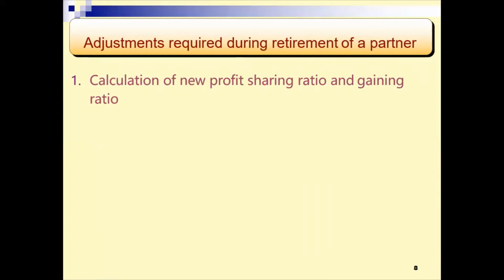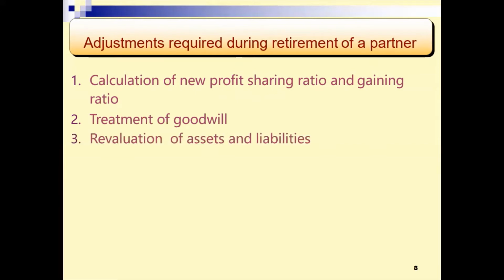The following adjustments are therefore required in case a partner is retiring from a partnership business. First is determination of the new profit sharing ratio or gaining ratio between the remaining partners. Then treatment of goodwill needs to be outlined, and this involves valuation of goodwill and then how that goodwill is shared among the remaining partners in the new profit sharing ratio.